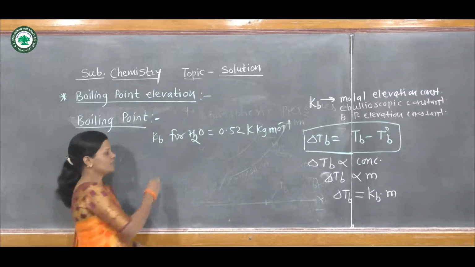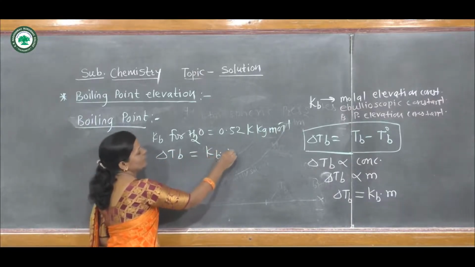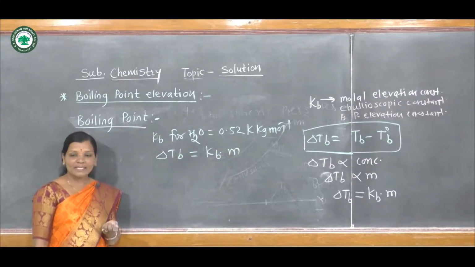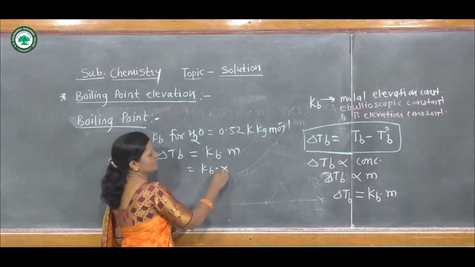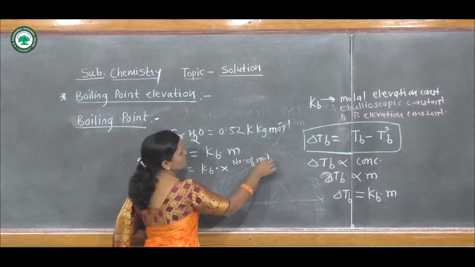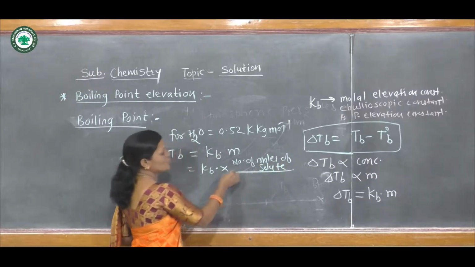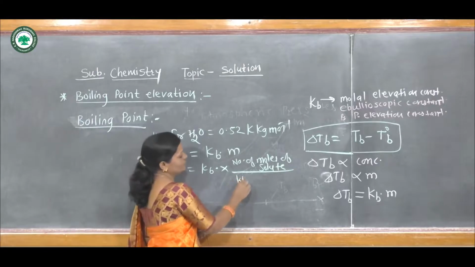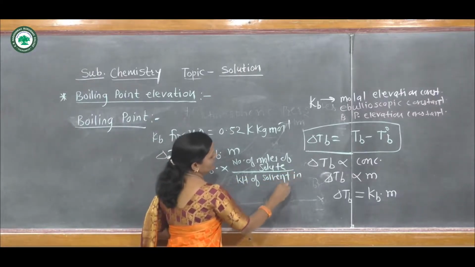Now we know that delta Tb is equal to Kb into m. Now here, what is this molality? Molality means the number of moles of solute divided by the weight of solvent in kilogram.